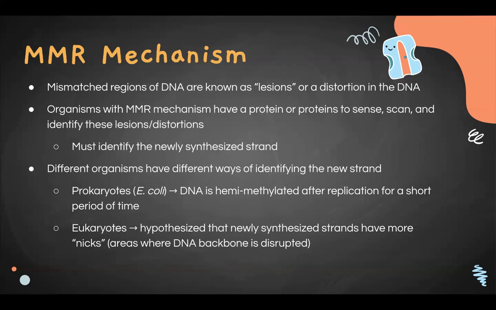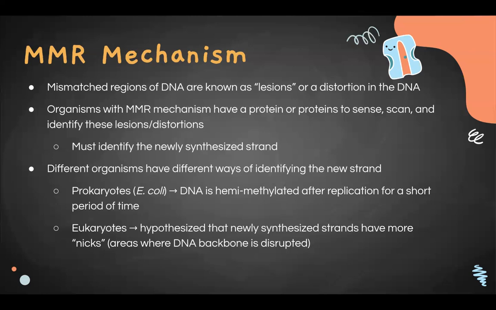Once the newly synthesized strand is made, there is a certain amount of time where it isn't methylated, which gives proteins the ability to sense which one is the newly synthesized strand. But then that newly synthesized strand, given the right amount of time, will also be methylated later on. So it's important to catch the mistakes right after DNA replication.